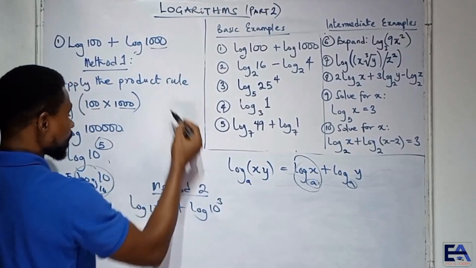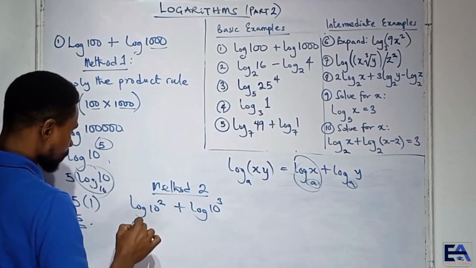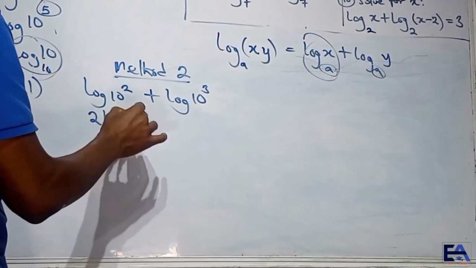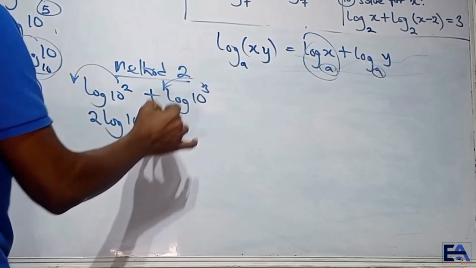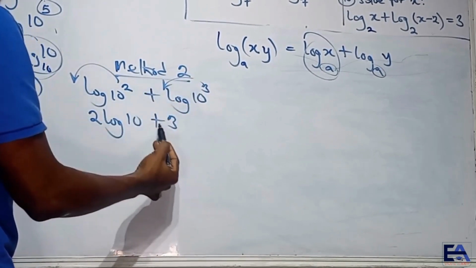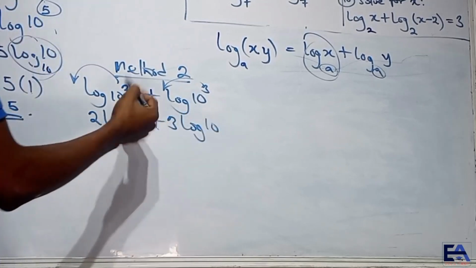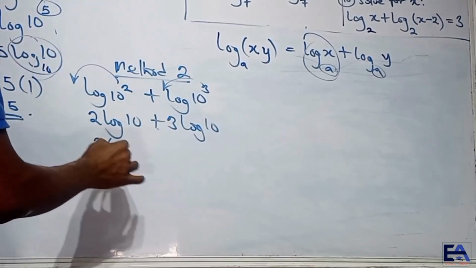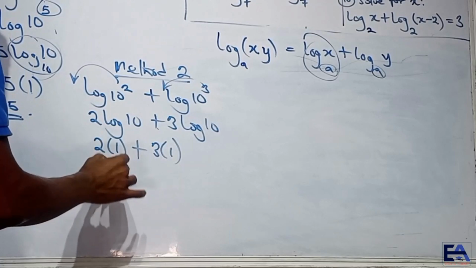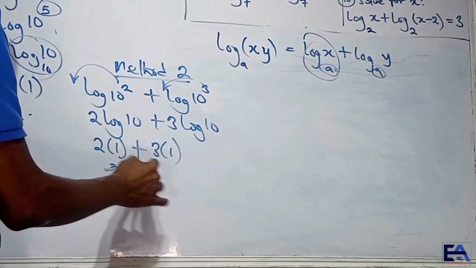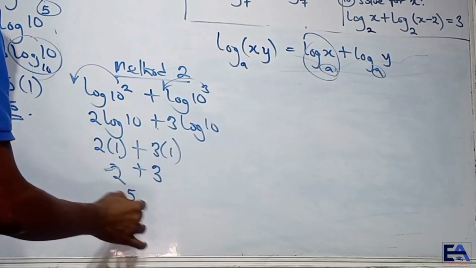We have 3 zeros, that's 10 times 10 times 10. So we have 2 log 10 according to the power rule, plus 3 log 10. As you know, log 10 is equal to 1. So we have 2 times 1 plus 3 times 1. Finally, 2 plus 3, and the result is 5.